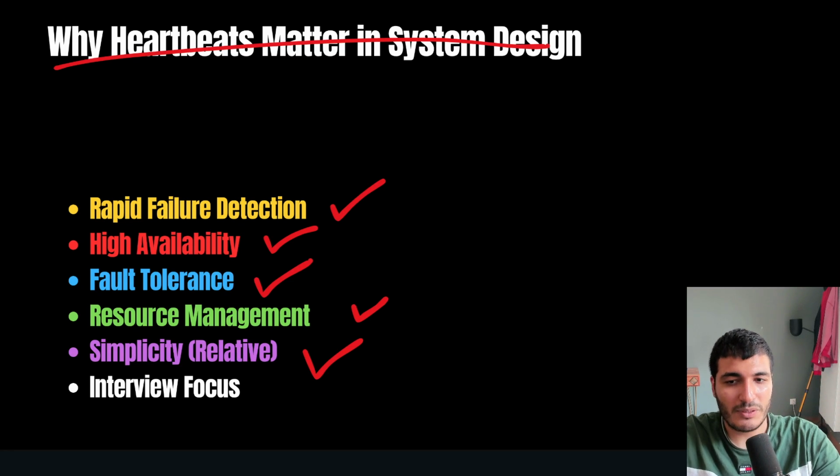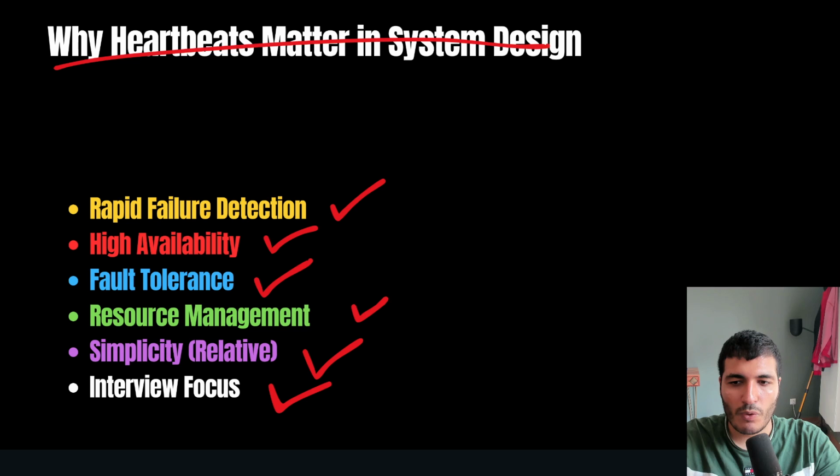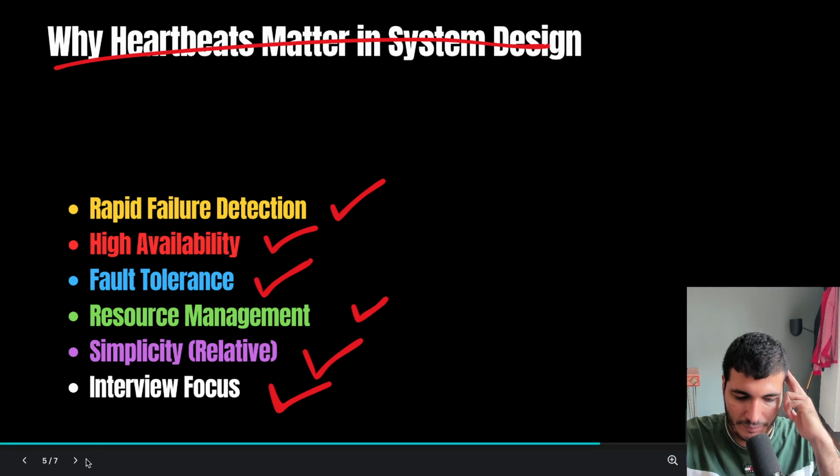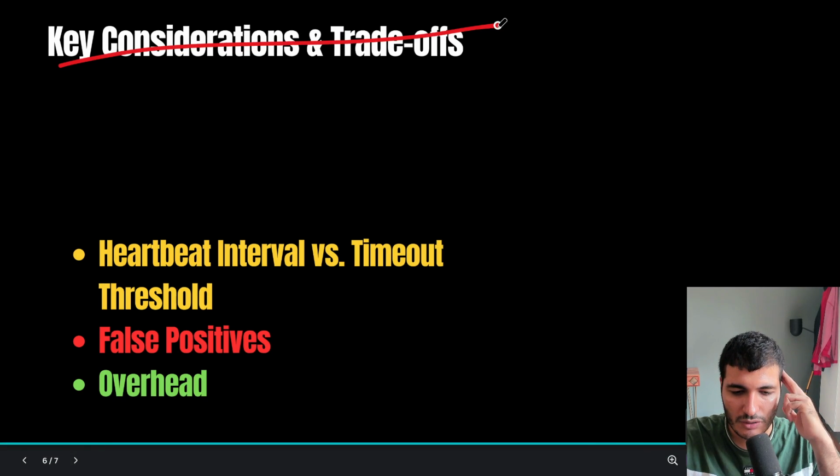The concept of a heartbeat is relatively simple compared to complex distributed consensus algorithms, making it a good first line of defense for liveness. And lastly, interview focus. Bringing up heartbeats will demonstrate an awareness of the operational challenges of distributed systems and a commitment to building reliable, self-healing architectural systems.